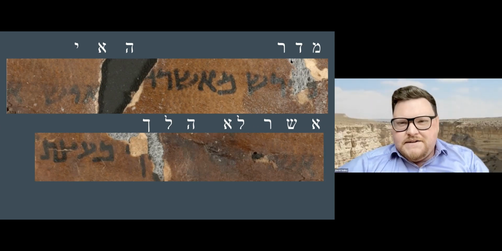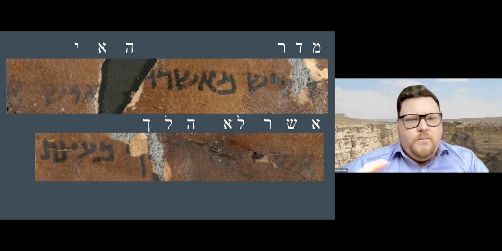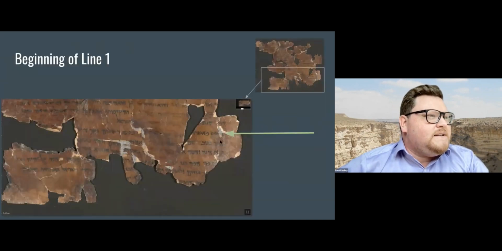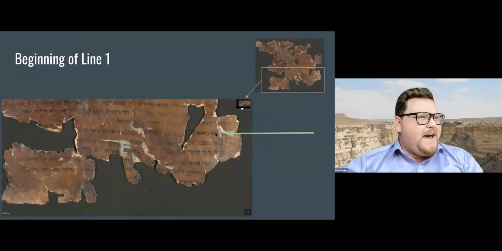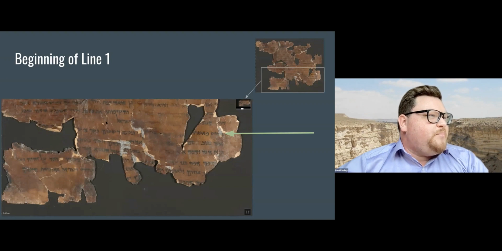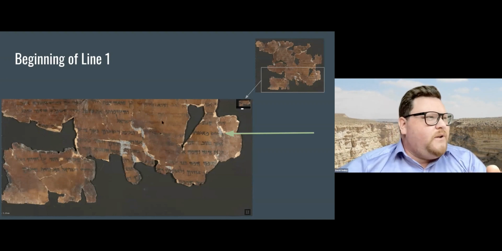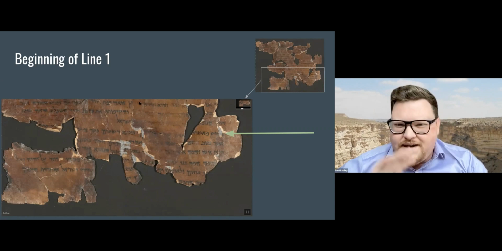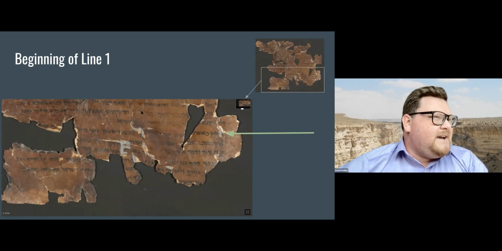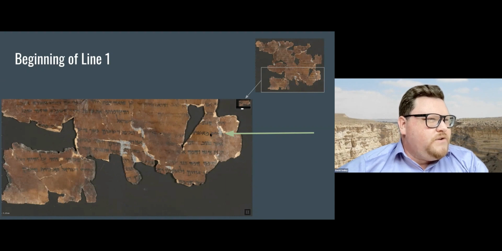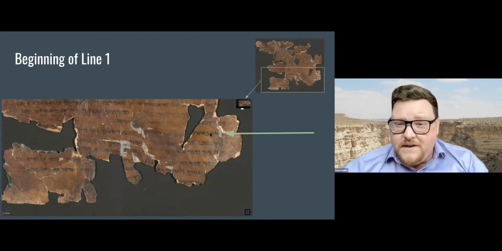If we go back and look at the text here, zoom out of the scroll, we see that the previous line ends about halfway across the scroll. And this is a new line. So the writer has completed whatever paragraph has happened above, and we just jumped straight into something new.